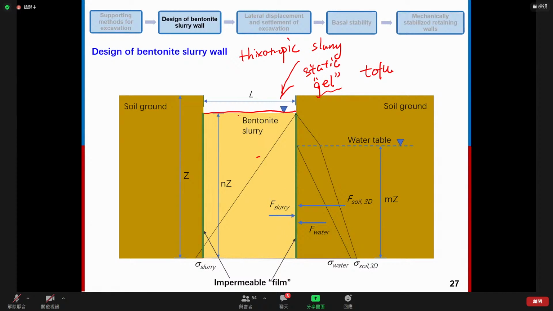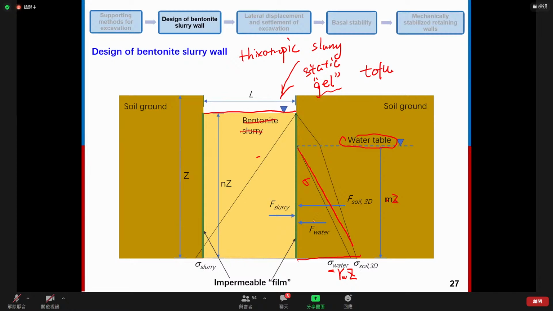Let's say we don't use the bentonite slurry, and we just leave the excavation like this. On the other side of the excavation, we have water pressure. So here is the water table. It's above the excavation line by m times z. Okay, so we can easily draw the water distribution. The water pressure here equals the unit weight of water times the depth.